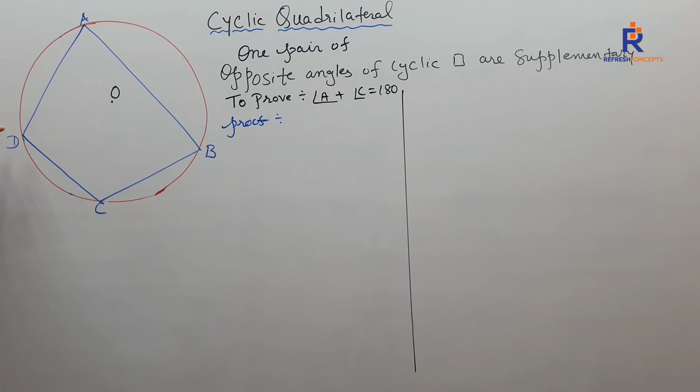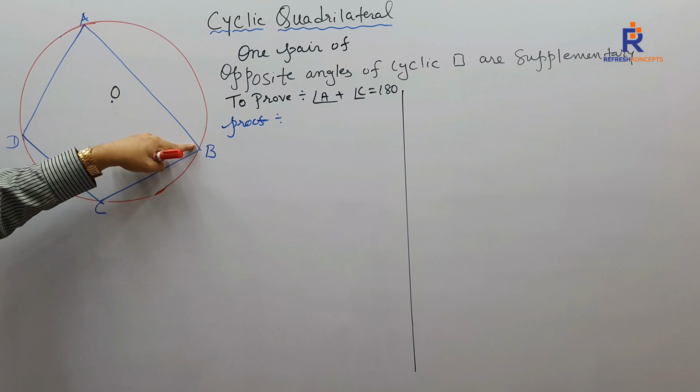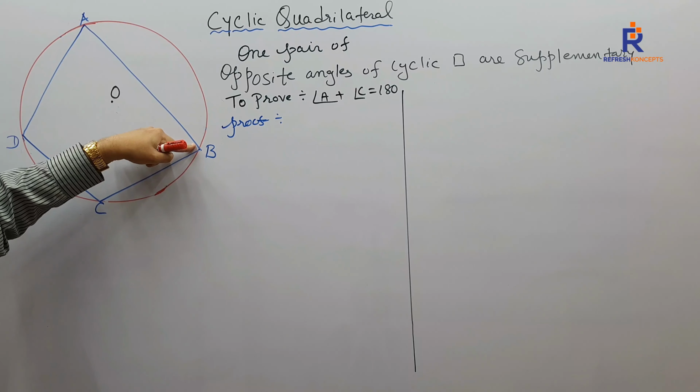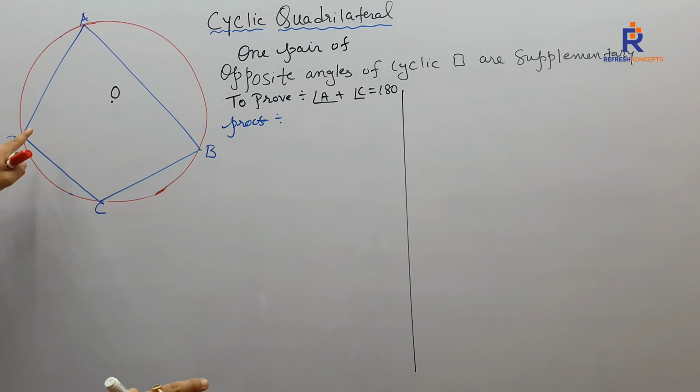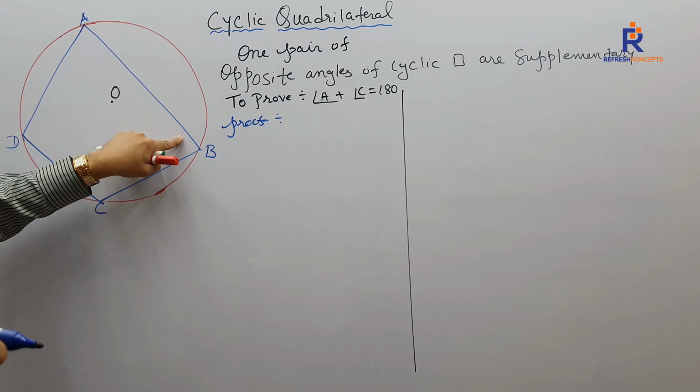We start our sum now. What kind of angle is DAB? It is formed on the circumference of a circle, so it is an inscribed angle. DAB is an inscribed angle.